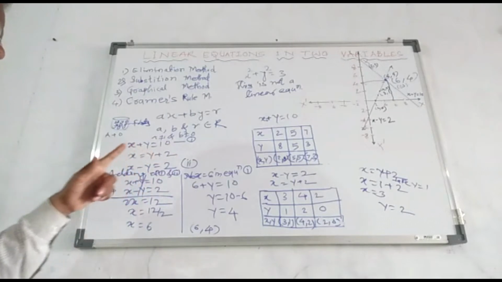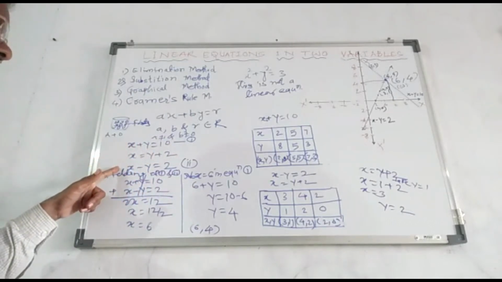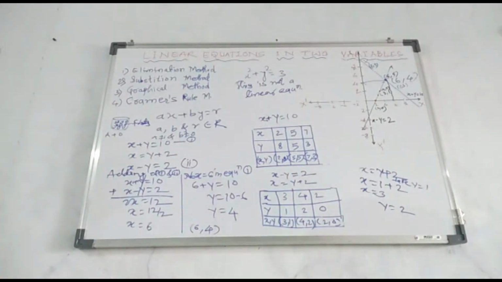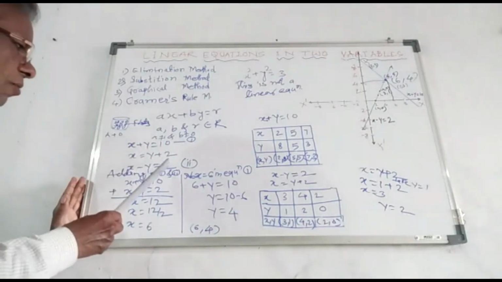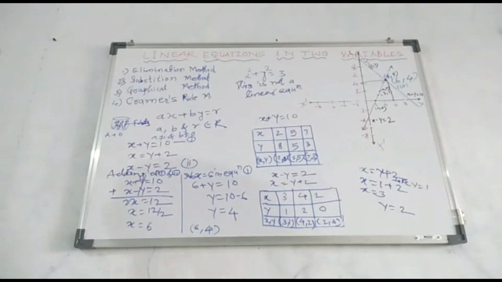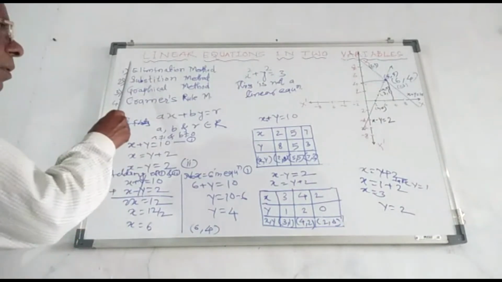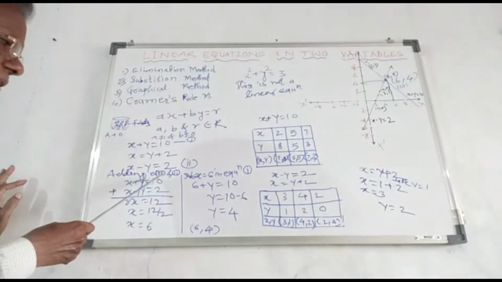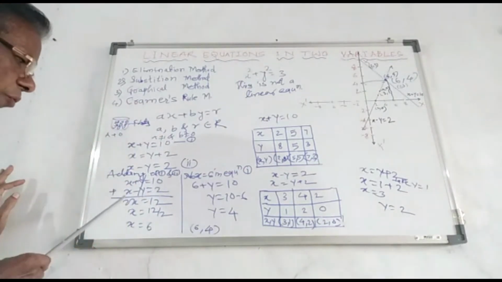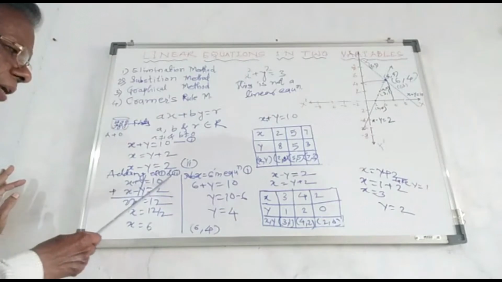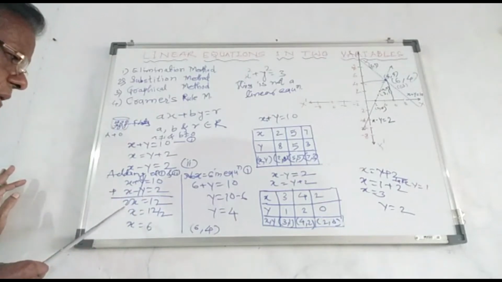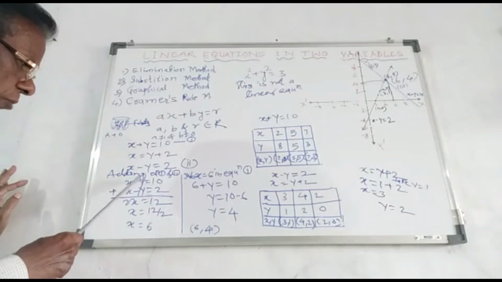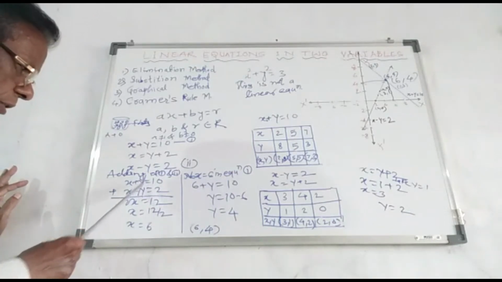Transfer this y to the left hand side, and you will get x minus y equal to 2. Now, elimination method: adding these two equations, equation 1 and 2, we will get what? x plus y equal to 10, x minus y equal to 2. The same variable has a positive sign here and a negative sign here, so it cancels out.